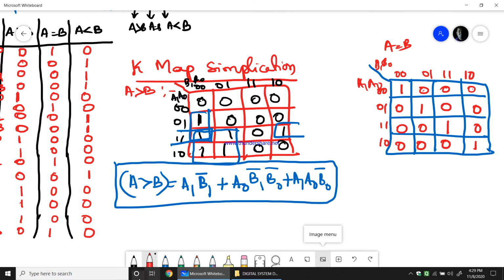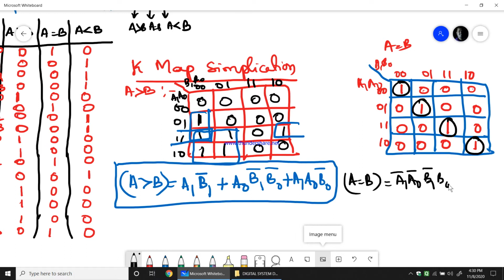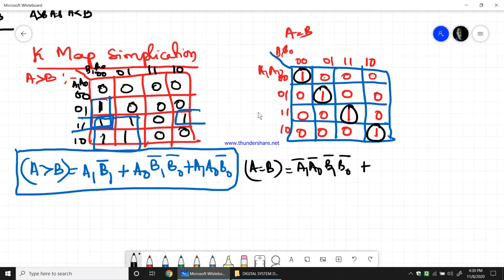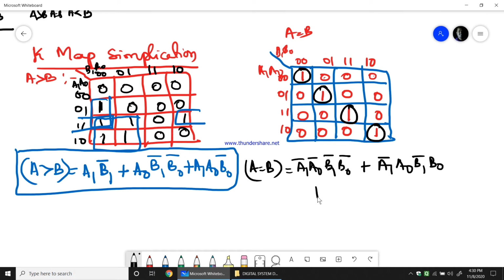Now again I can't group this diagonally, so it will be grouped individually, like this. So therefore A equals B equals A1 bar A0 bar B1 bar B0 bar, plus A1 bar A0 B1 bar B0, plus A1 A0 B1 B0, plus A1 A0 bar B1 B0 bar.